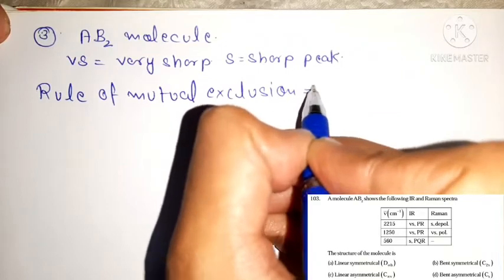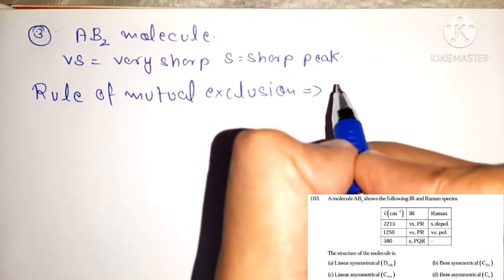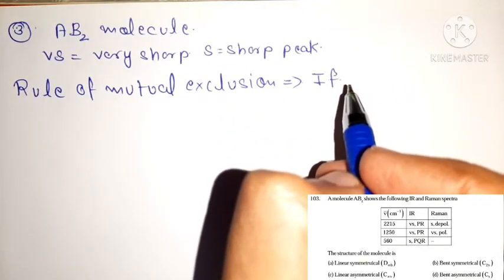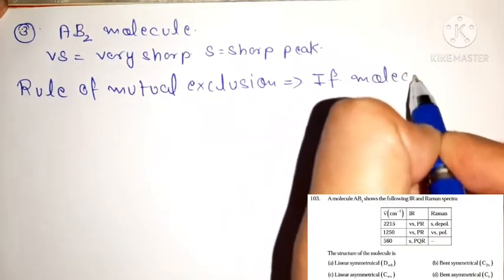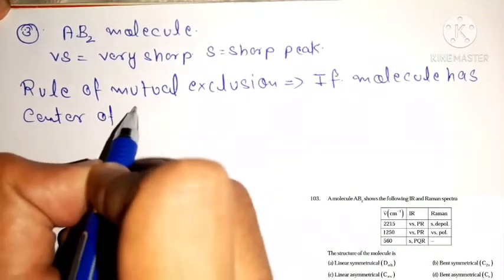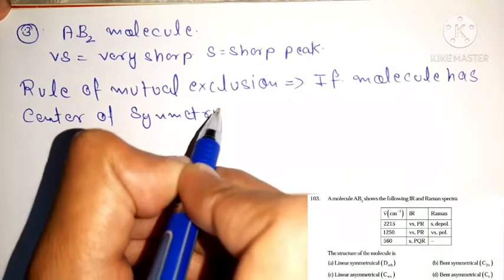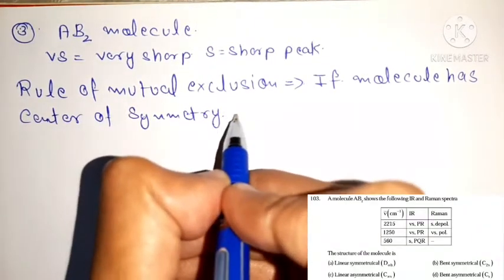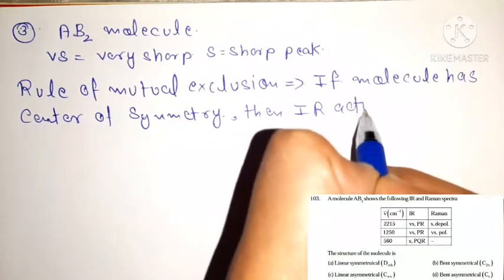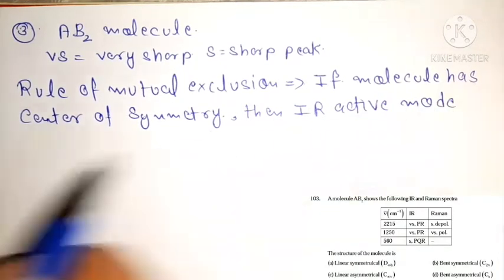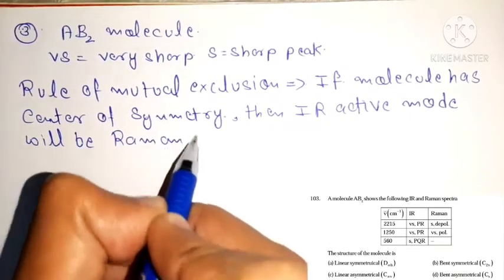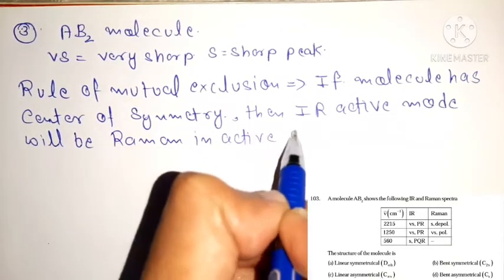First of all, remember that it is a required condition that if a molecule has a center of symmetry, then IR active modes will be Raman inactive, and vice versa.